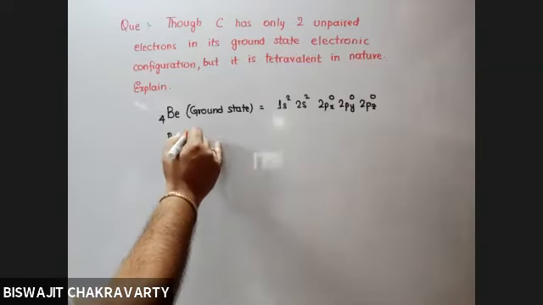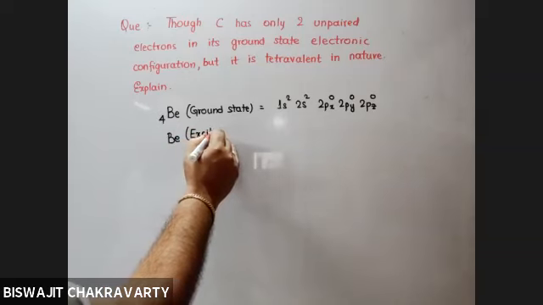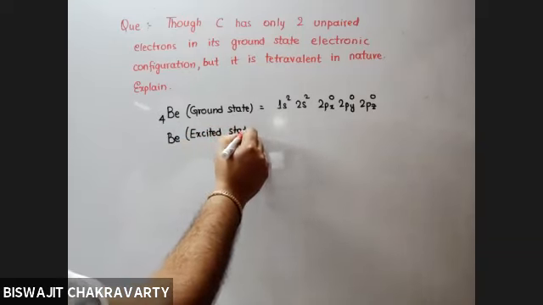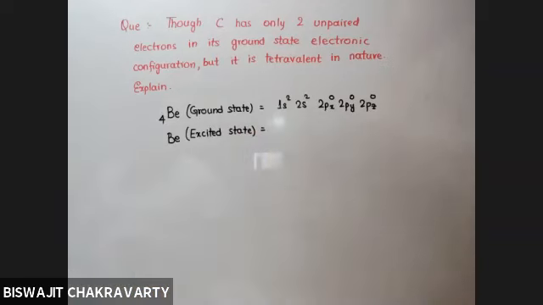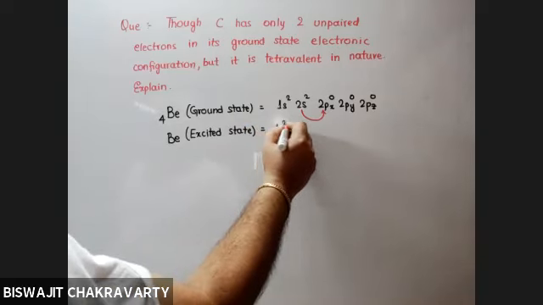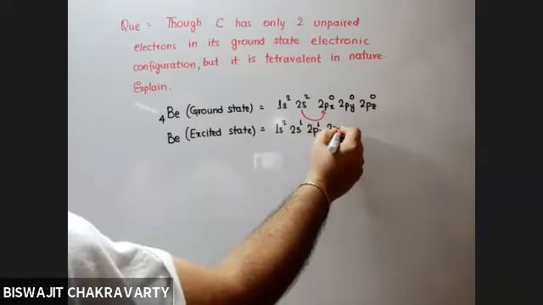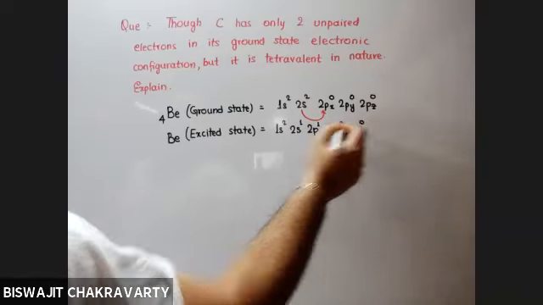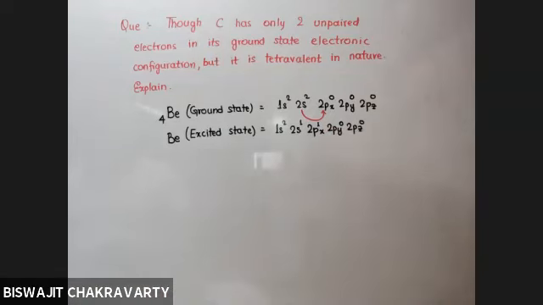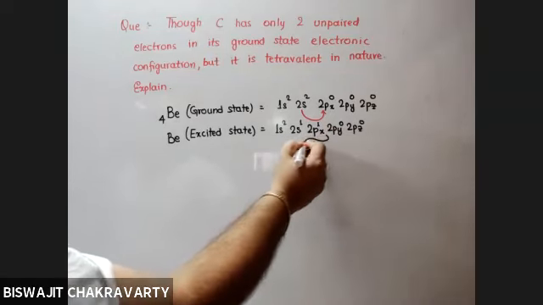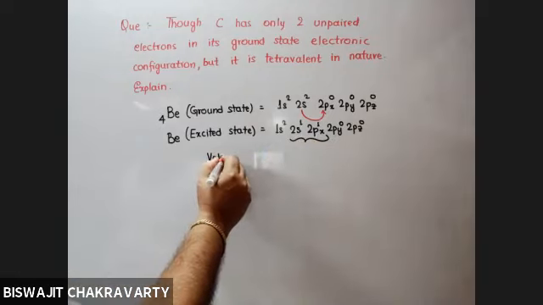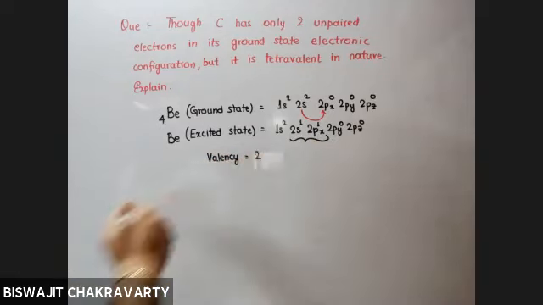But if energy is absorbed during bond formation, one of the electrons from 2s jumps to 2px. And in such a case, the number of unpaired electrons is how many now? Tell me.